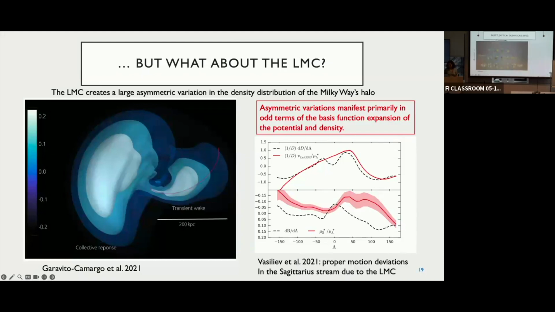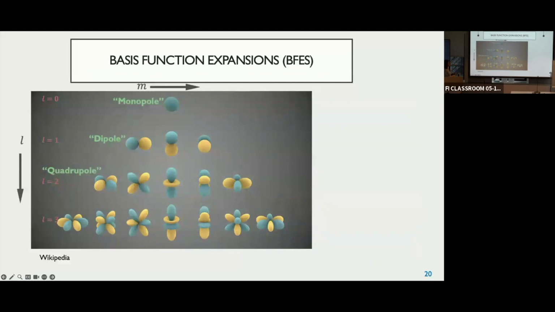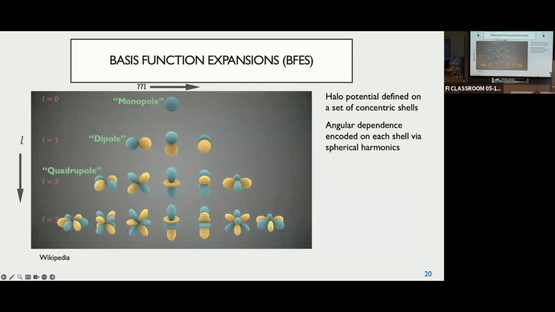Just to remind you what these basis function expansions are, you can stratify the density distribution on shells, dividing the potential into a set of concentric shells, and then you look at the angular dependence of the density along each shell, and you can describe it in a monopole term, dipole term, quadrupole term, or an octupole term, and so forth.